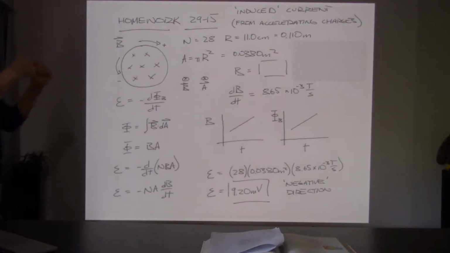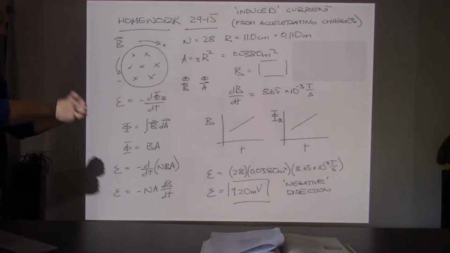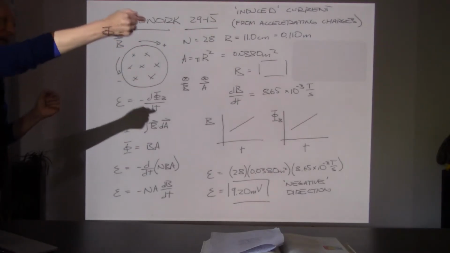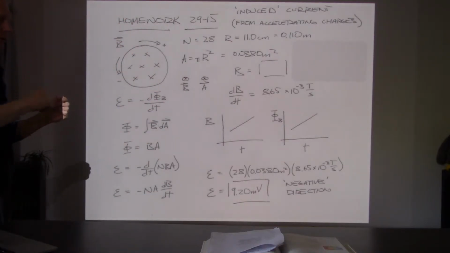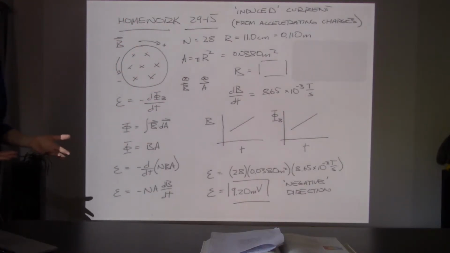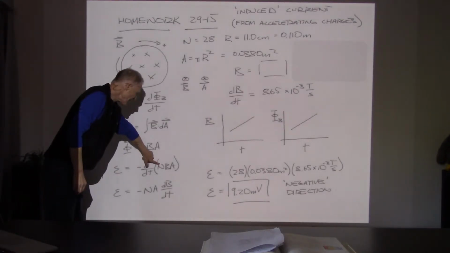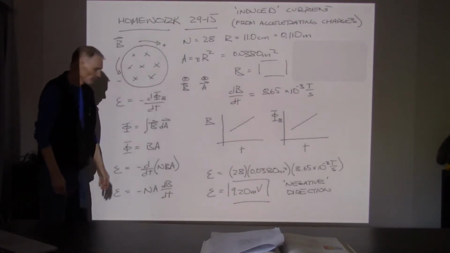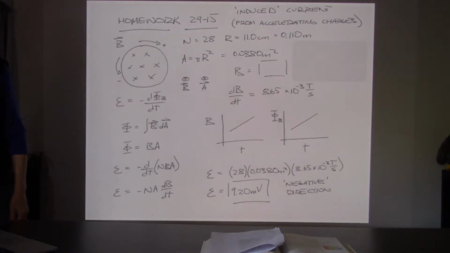So what's happening is there's a set of E fields being set up from these accelerating charges, and every loop of wire that runs through that E field region is going to pick up a certain amount of EMF. So the E field is not independent, but the EMF is. The EMF comes from following that E field through n number of circumferences.